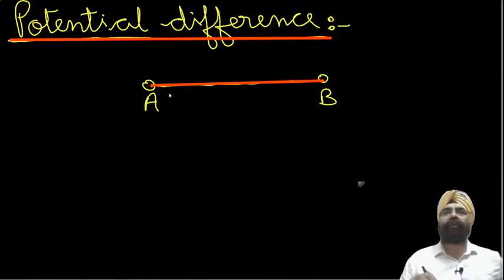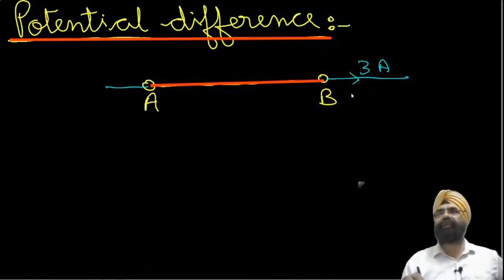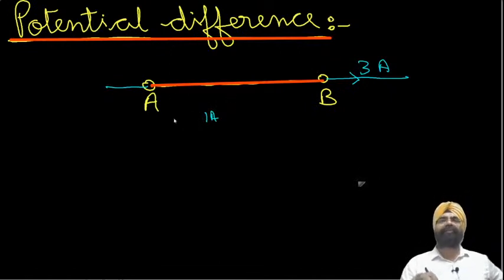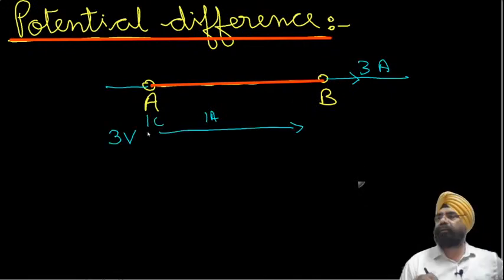Suppose I want a current of 3 amperes to flow through this. Suppose that for each ampere to pass through this, which means for each coulomb to pass through this, I need 3 joules of energy.